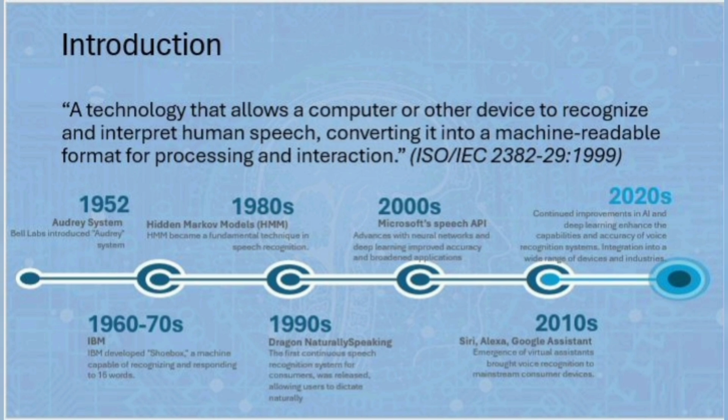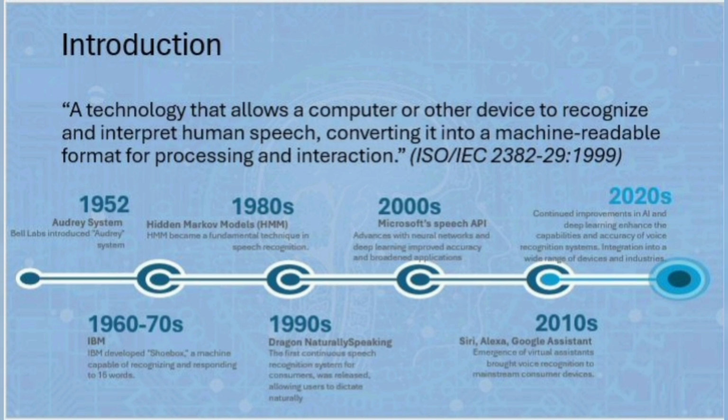The 2010s saw the emergence of virtual assistants like Apple's Siri in 2011, Google Now in 2012, Amazon Alexa in 2014, and Google Assistant in 2016. These technologies brought voice recognition to mainstream consumer devices, thus revolutionizing how we interact with technology.